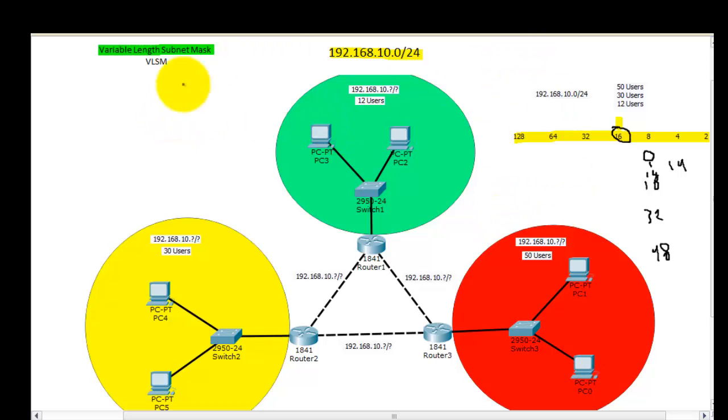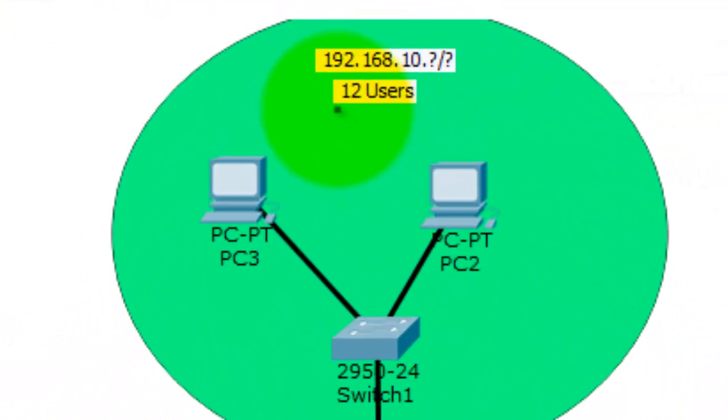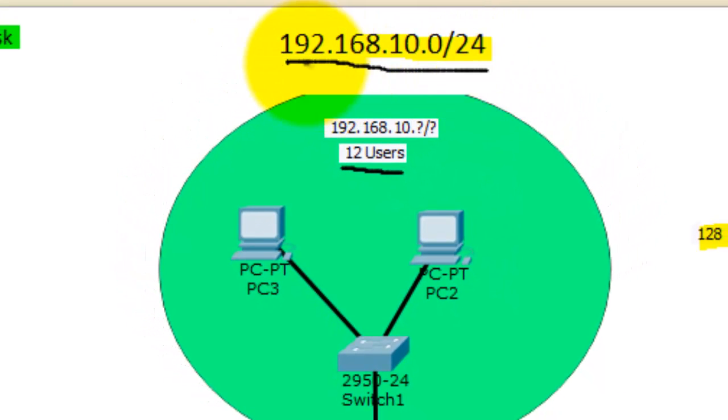In this network, they gave us this IP block, 192.168.10.0/24, and they ask us to subnet it according to the number of users.